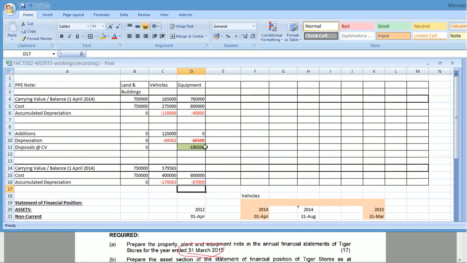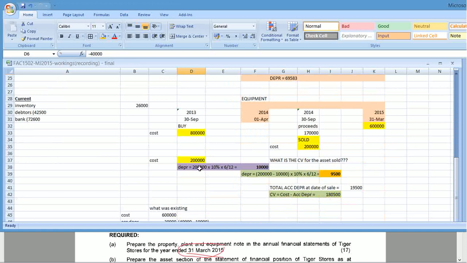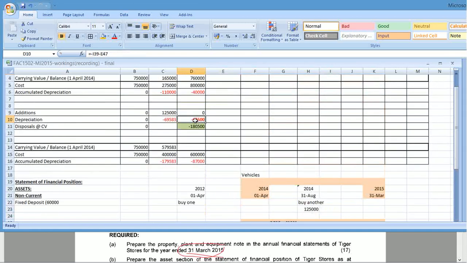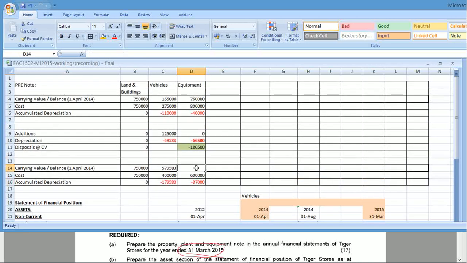Okay, because accumulated depreciation is what you had, which would have had everything in it. It would have had the 10,000 here, and then the depreciation is the 9,500, which we included there. But because we were selling the asset, we were taking it out of the accumulated. So then that would have been the balance that you would have had for that particular account.